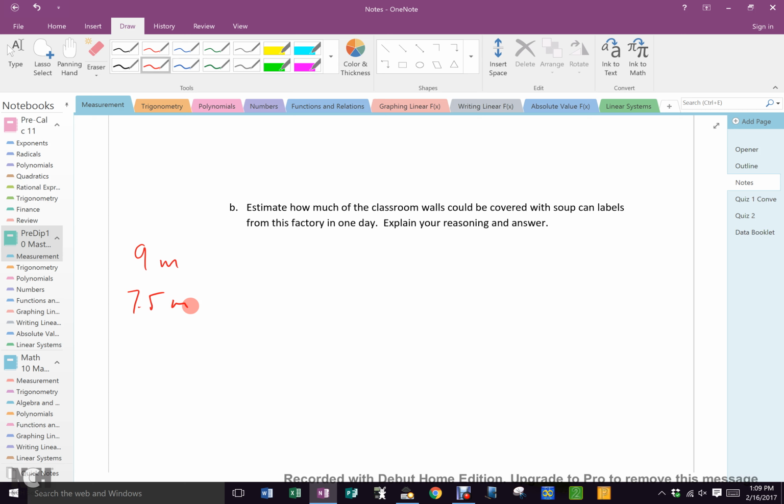Okay, so what's that in meters? Well, I guess we better convert it, right? How do we convert feet to meters? 142 inches. So can I convert inches to meters? No, I can convert inches to centimeters. And then I can convert centimeters to meters, can't I? So what is it? 142 inches. What do I need first? Centimeters.